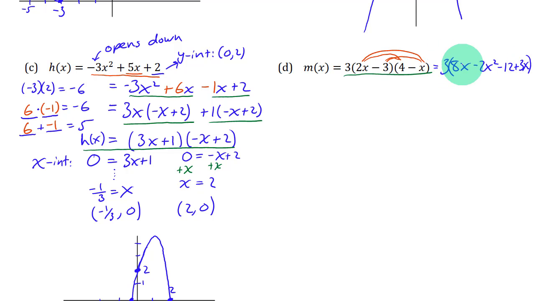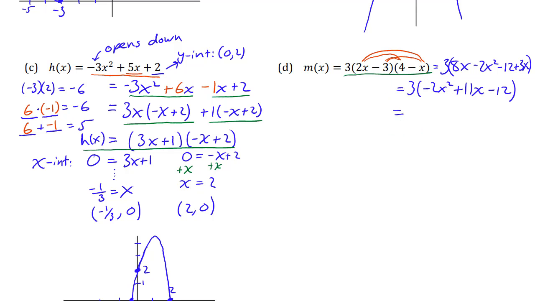Anyways, let's combine some like terms here first. So we've got 3 times negative 2x squared plus 8x plus 3x is plus 11x, and then minus 12 there. So then let's distribute the 3 in there.